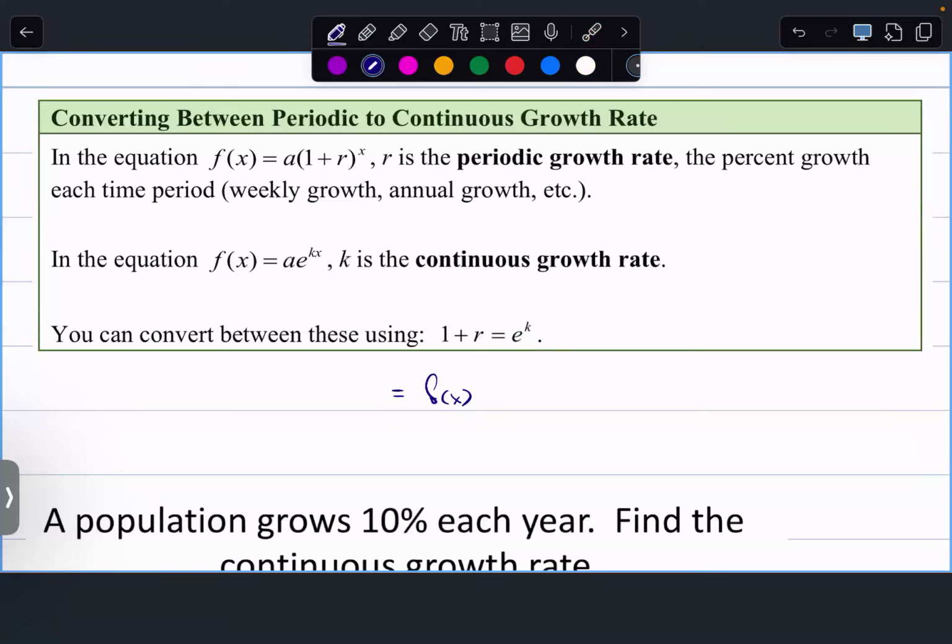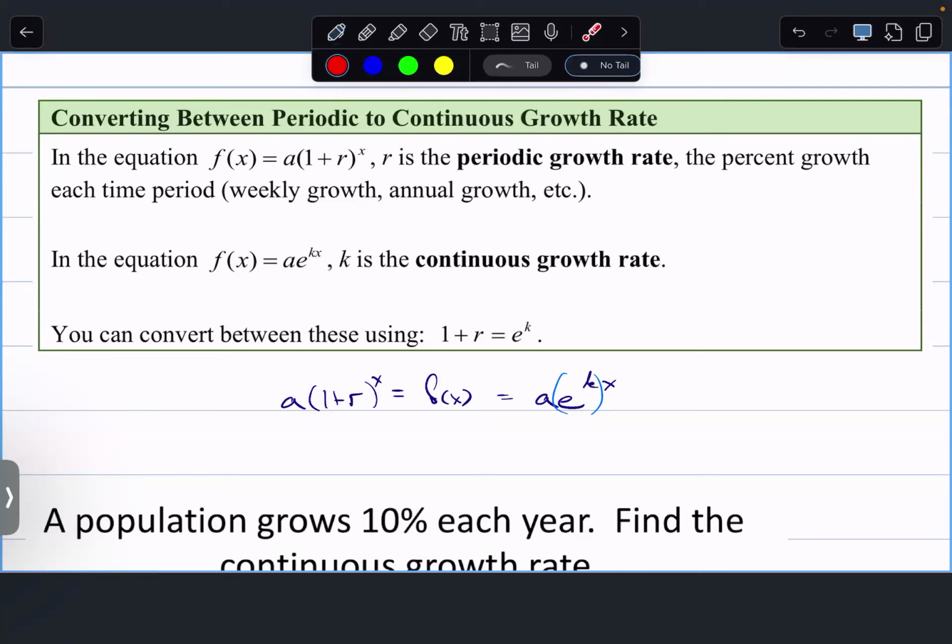So I have A times 1 plus R to the X, but it's also the same as A times E to the K, all to the power of X. If I put brackets around that, now it should be relatively obvious.